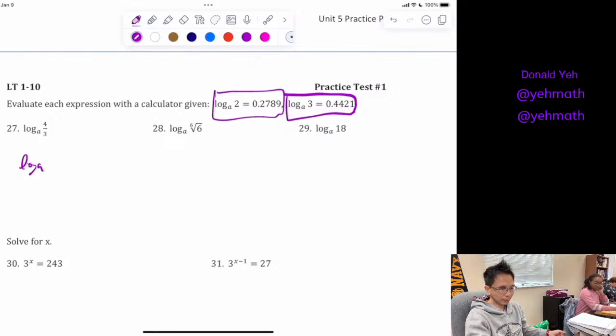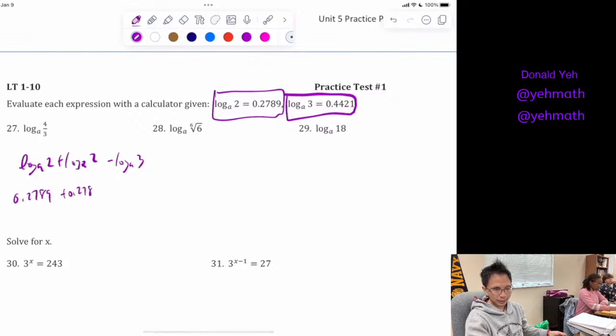So it'll be log of 2 plus log of 2 over log of, it should be subtracting, sorry. You should be dividing, so it'd be subtracting log A of 3. So that'll be 0.2789 plus 0.2789 minus 0.4421.